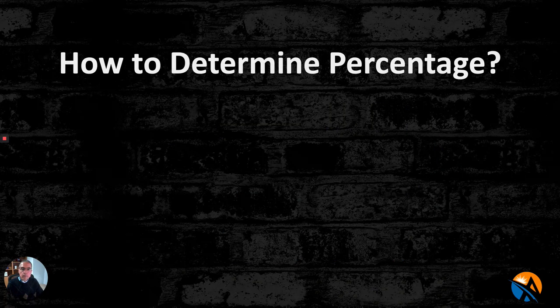So as I mentioned, 10 to 30% is what you should have in your operating and your reserve account. But how do you come up with what that percentage should be?